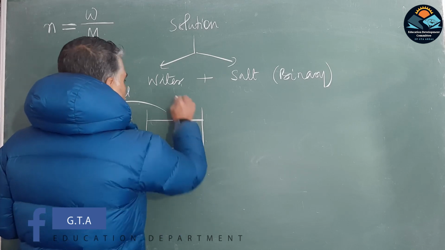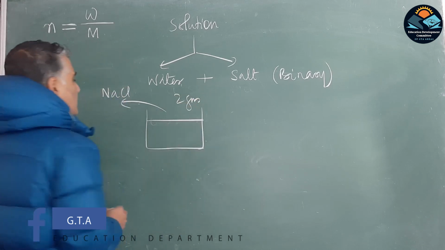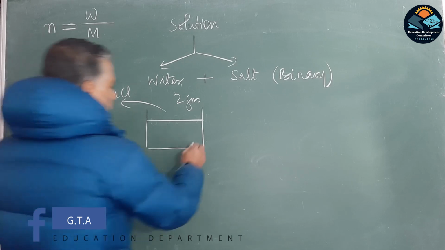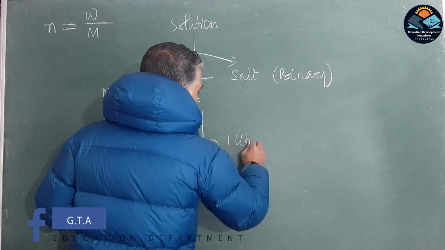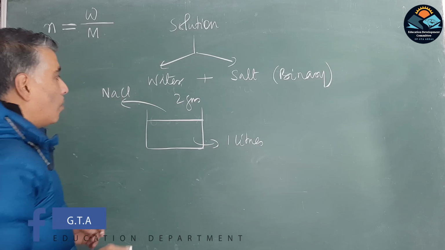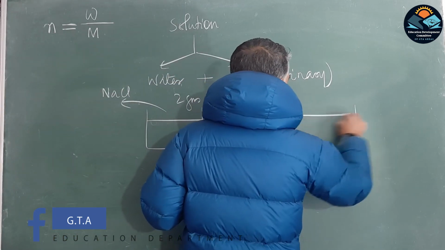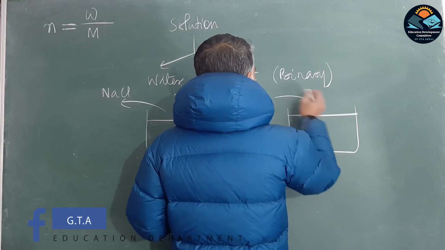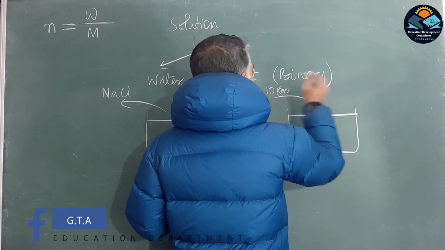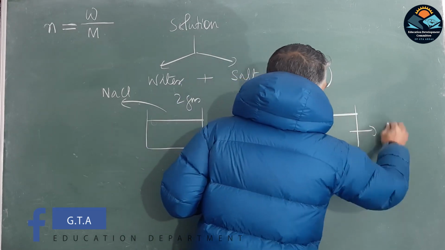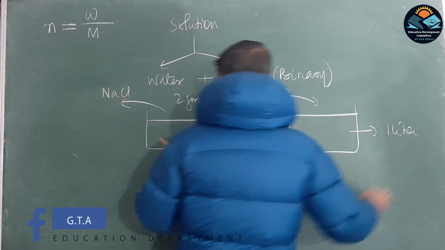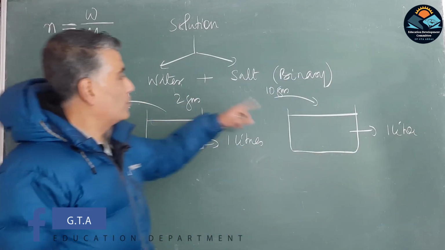You can take 2 grams of sodium chloride and mix that in 1 liter of water. Or you can have another solution of same sodium chloride in water where you've taken, let's say, 10 grams of sodium chloride and added in 1 liter of water. Both these solutions are nothing but sodium chloride solution in water.